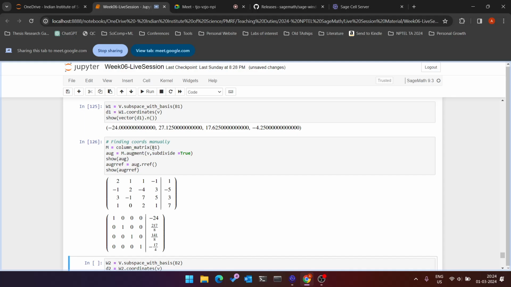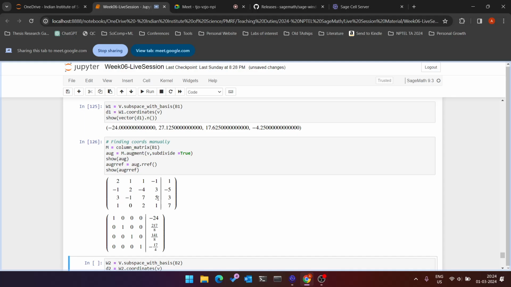Okay. So what all is happening here? Once we define this matrix M, this is the first vector in B1. This is the second vector in B1, third vector in B1, and fourth vector in B1.